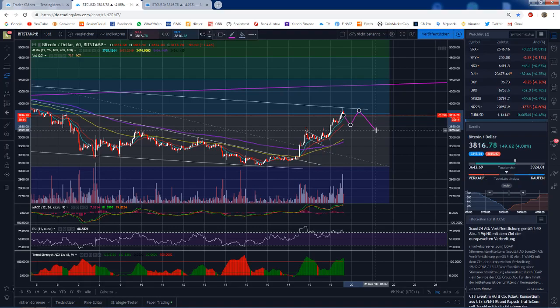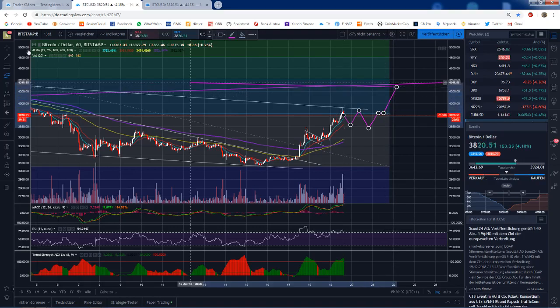It hasn't been retested yet, so I think it should be retested. Maybe come back down here, go above again, find a base, or build a little support level, consolidate for a little bit, and then break through.